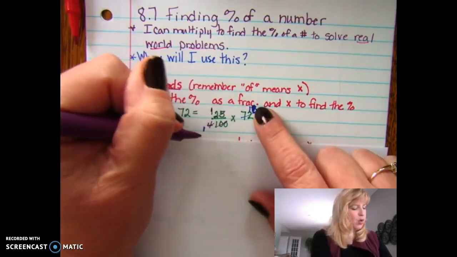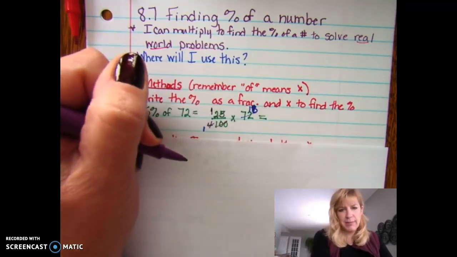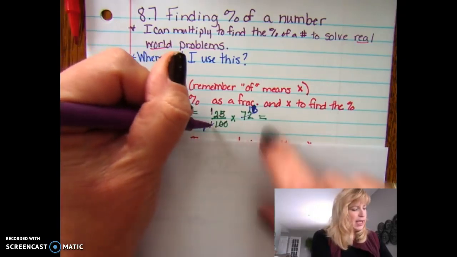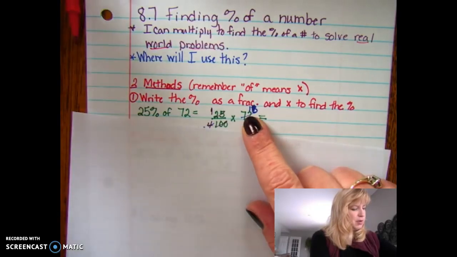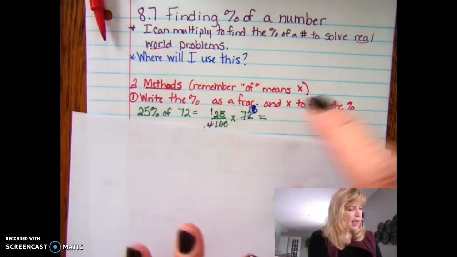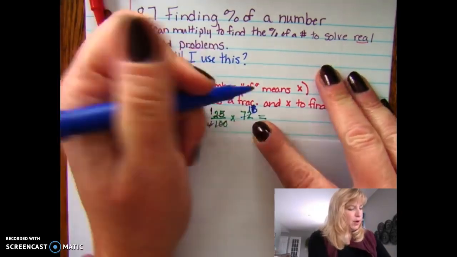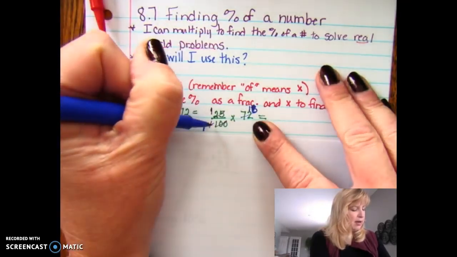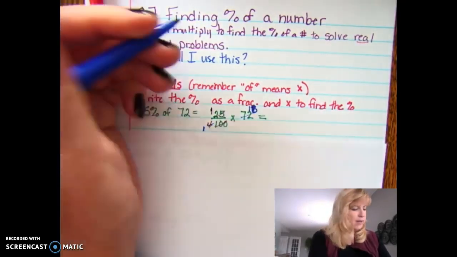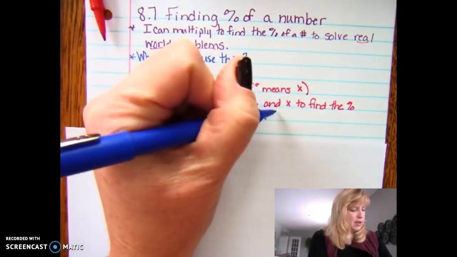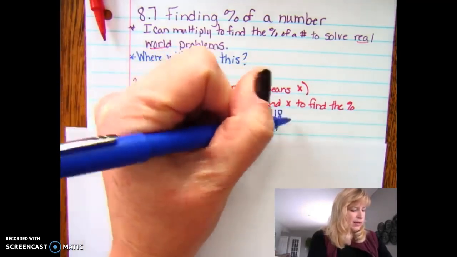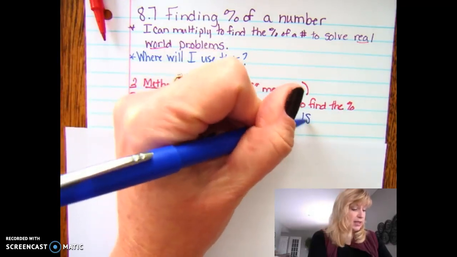Now we talked about cross-reducing in our last chapter. So we can take 4 and 72, I used a blue pen here, and when you divide 72 by 4 you get 18, and 4 divided by 4 is quite obviously 1, and we multiply straight across. So we get 18 over 1, which is 18.